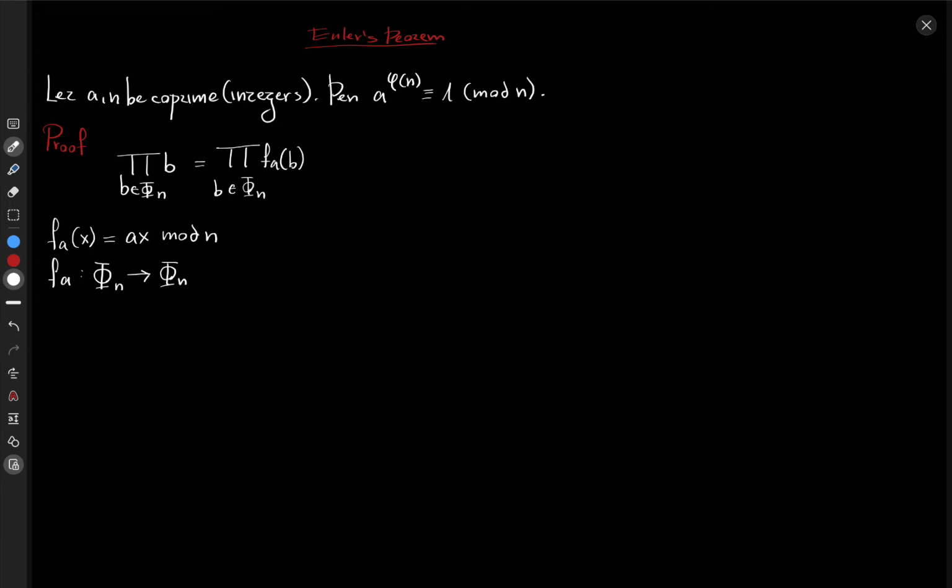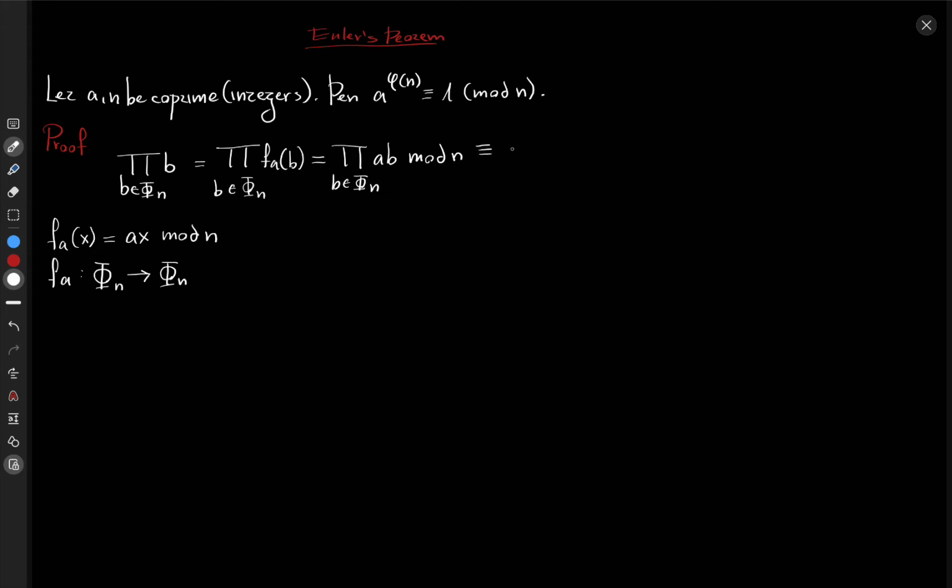we obtain equality. Now, we observe then that this is equal, by definition, to the product, again over all elements of capital phi n, of ab modulo n.